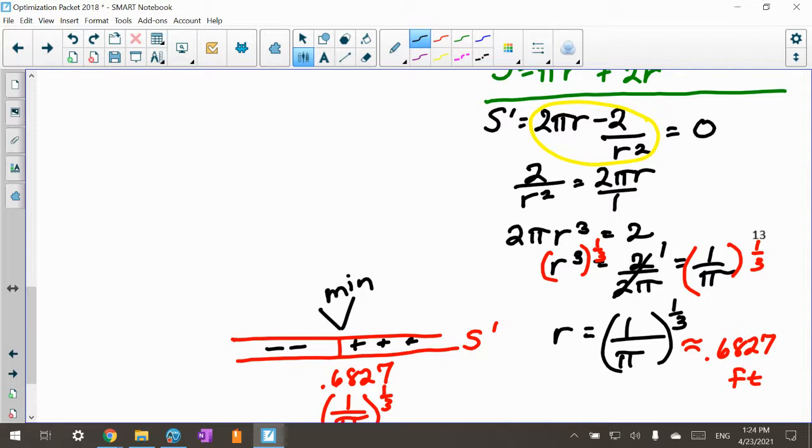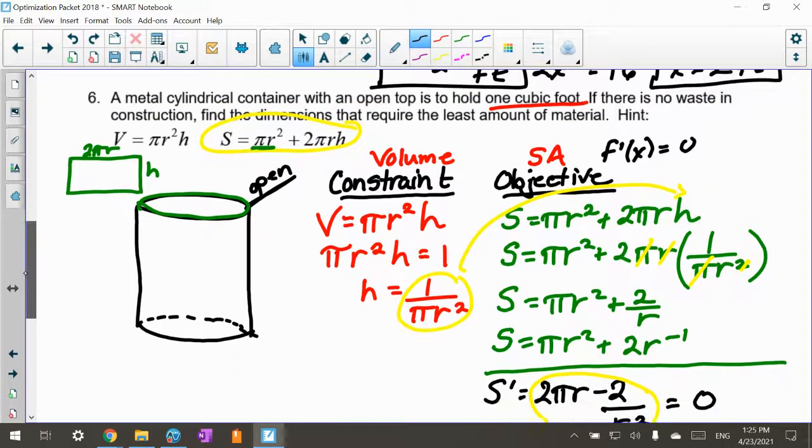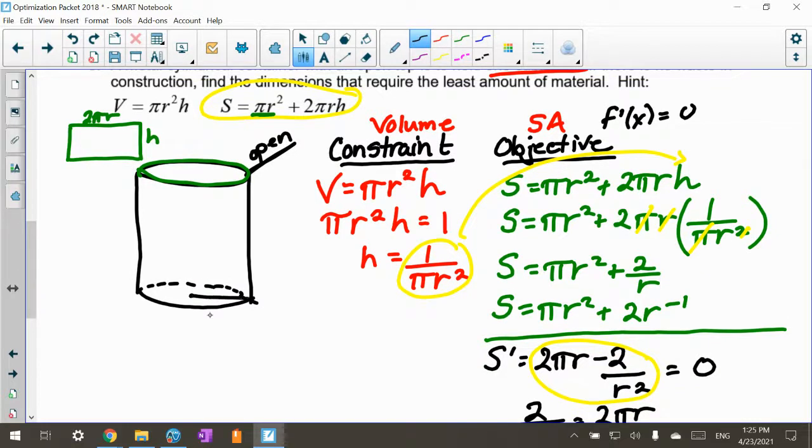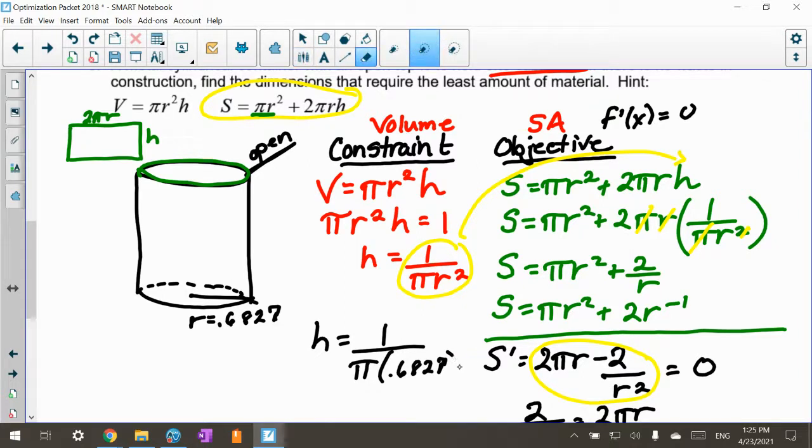Now they want us to find the dimensions. So I do know the radius. It's not pretty, but it's 0.6827 feet. But now I got to find the height. So the height is going to be 1 over pi times 0.6827 squared. That's messy.